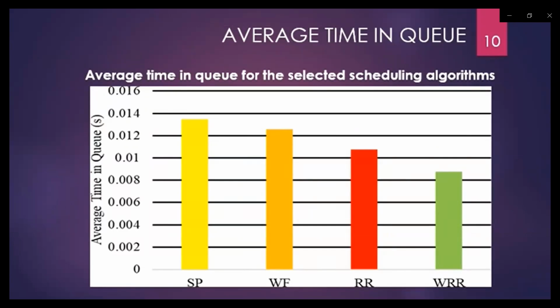So the strict priority wastes more time in queuing compared to the others. Moreover, we can see here that weighted round robin has shown the lowest average time in queuing, which means it is the fastest one. So we can see that SP wastes longer time. So again, weighted round robin in terms of time has got better results.